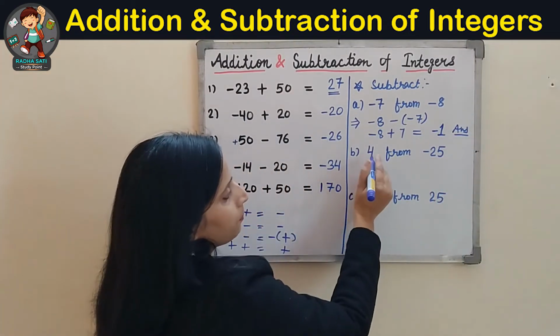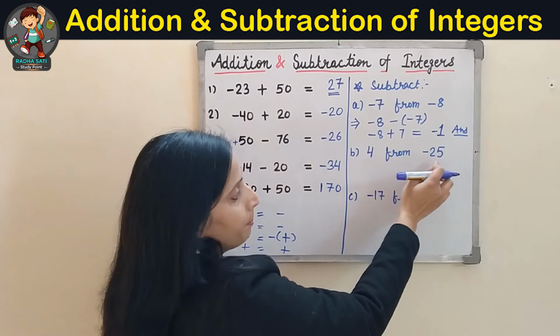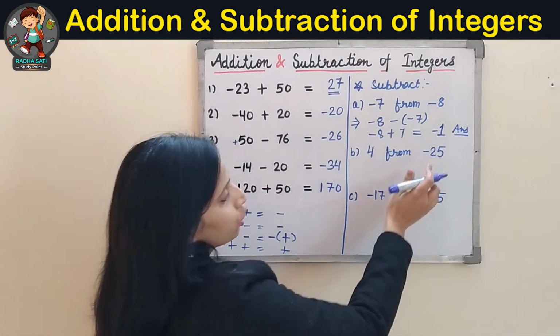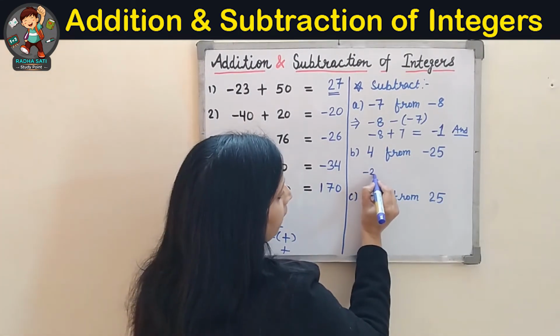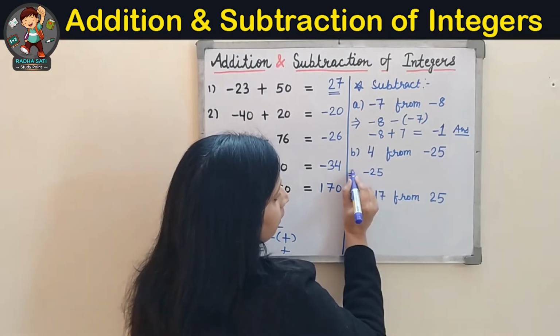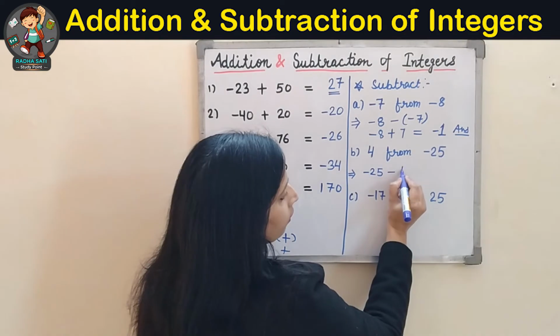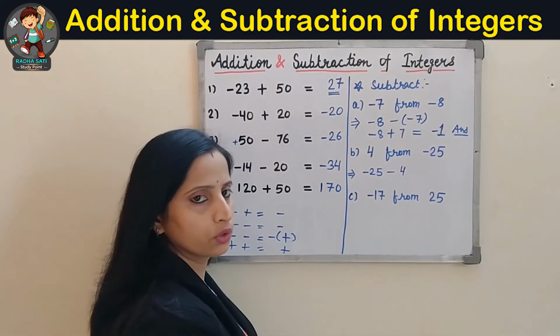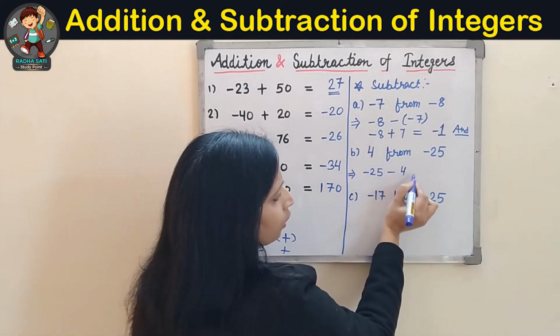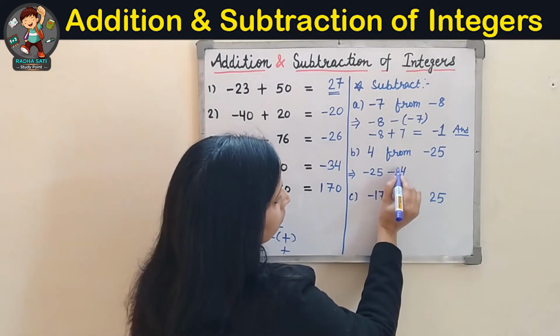Second one, we have to subtract 4 from minus 25. So first we will write minus 25 and subtract means the sign of minus. We have to subtract 4. Okay, we can write this in bracket also or as it is also.